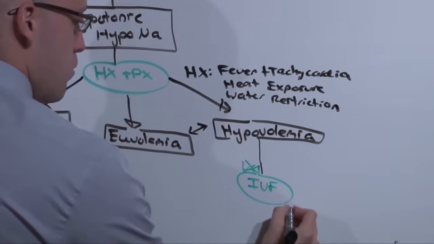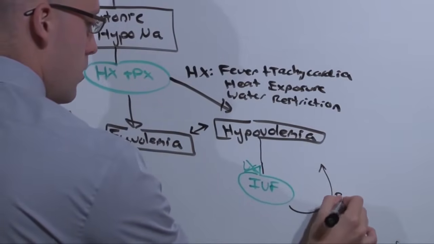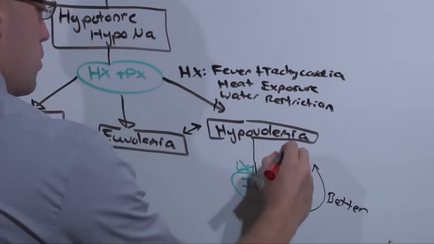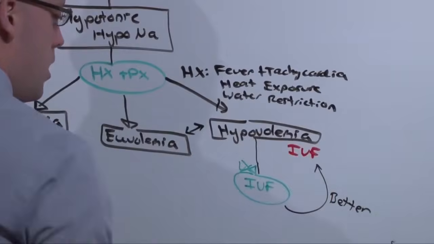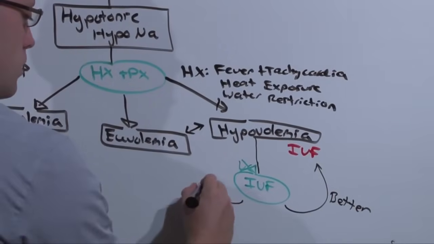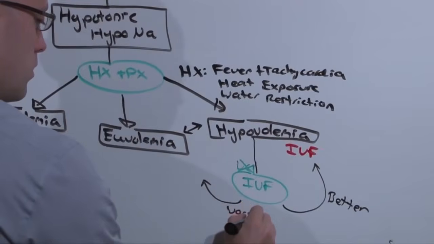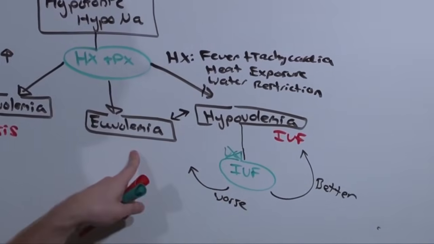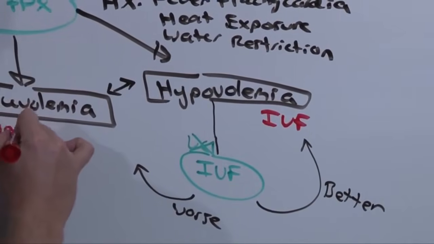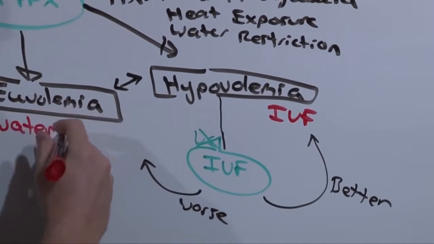If it makes them better, you were right. They do indeed have hypovolemia, and the treatment is more fluid. If you give them fluid and they get worse, the answer is that they were euvolemic and should have been water restricted, which is the treatment for euvolemic hyponatremia.